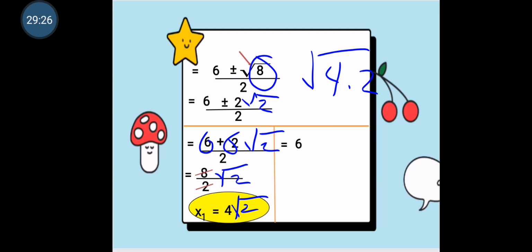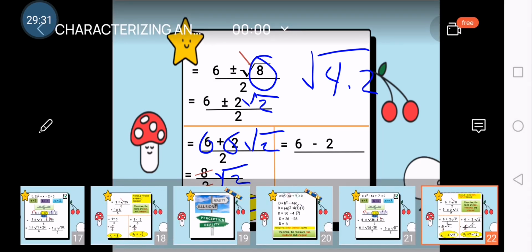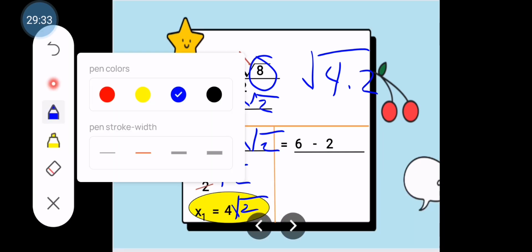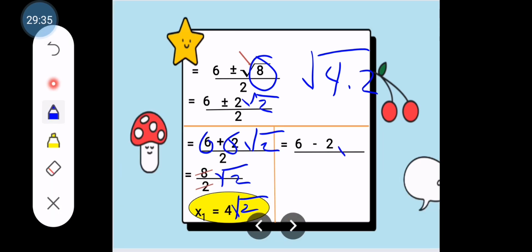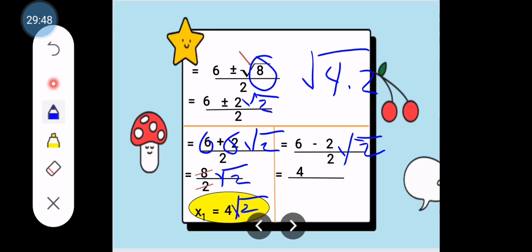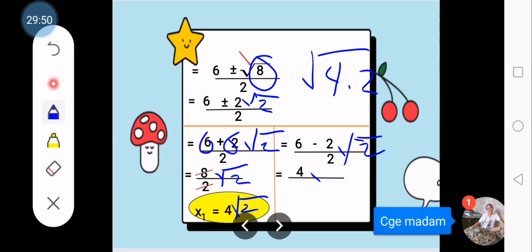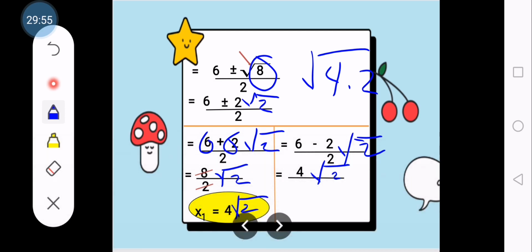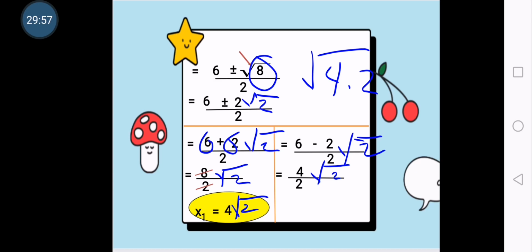So, 6 minus 2 the square root of 2. Ayan, over 2. So, 6 minus 2 is 4. Isama po natin si square root of 2. Okay? And then, over 2.